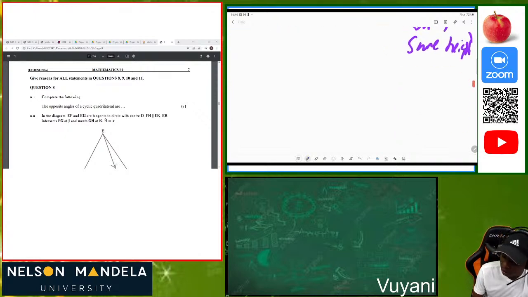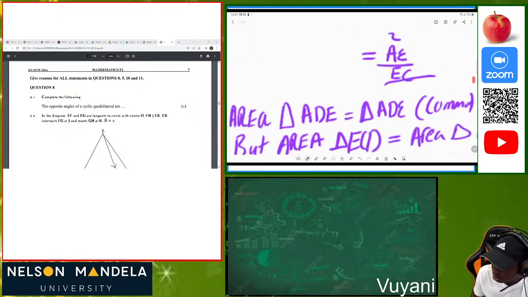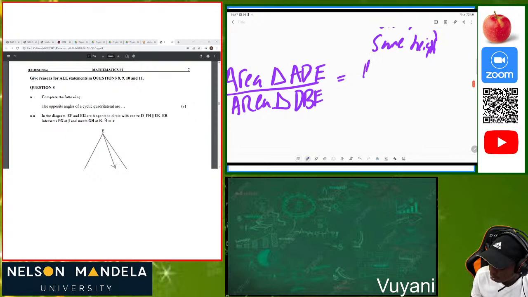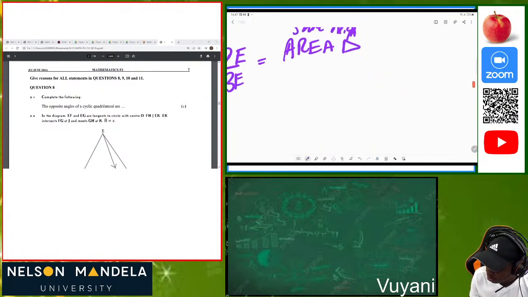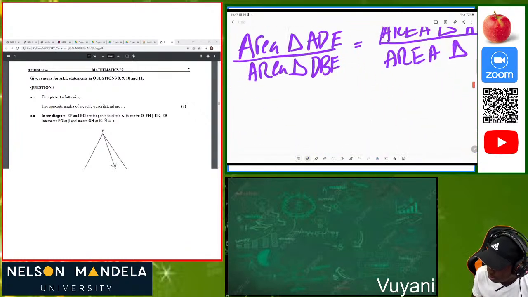So now we can conclude that the area of triangle ADE over area of triangle, let's check, DBE is equal to the area of the other triangle which you're proving, AED, over the area of triangle ECD.